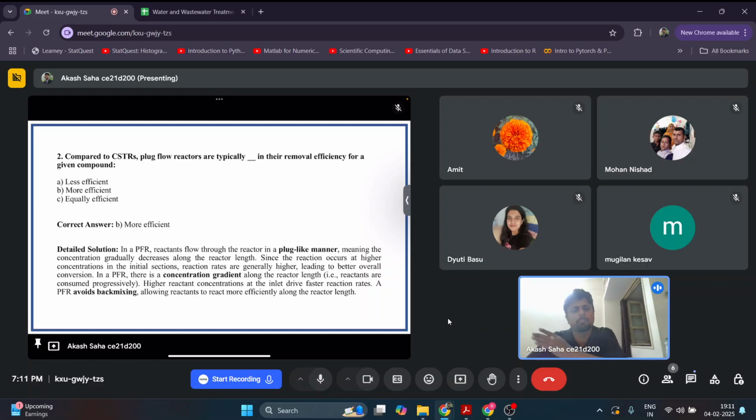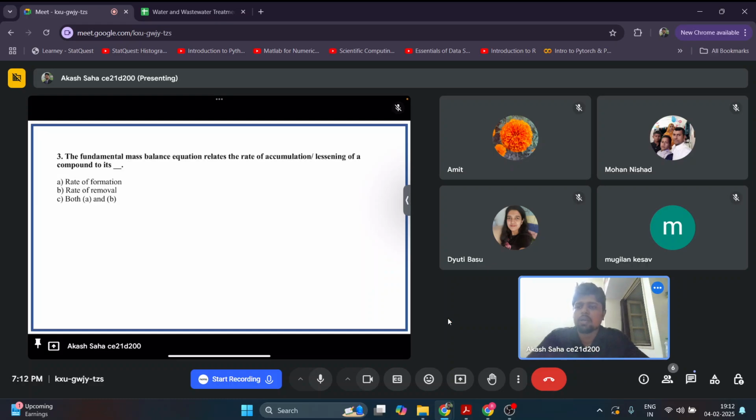Okay, so there is no mixing in the backward direction, everything moves forward. So this is the reason why plug flow reactors are found to be more efficient than the continuously stirred tank reactors or the CSTRs. Okay, I hope it is clear, because it is a direct question. If you have any confusion at any point of time, please unmute yourself, stop me, and we can discuss.